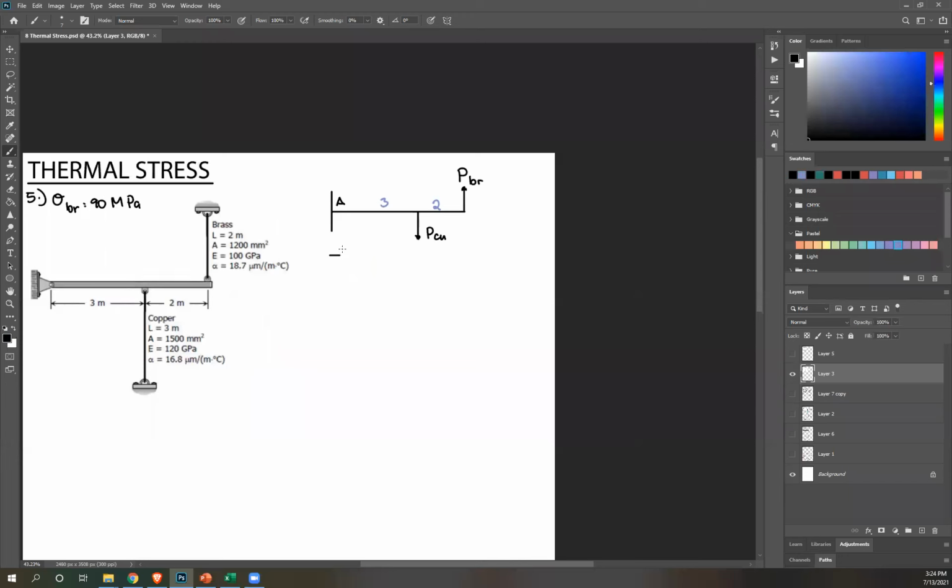If we take summation of moment at A, we can create an equation relating PCU and PBR. So summation of moment at A equals 0. PCU is clockwise, therefore positive, perpendicular distance 3. PBR is counterclockwise, so minus PBR times 5 equals 0.